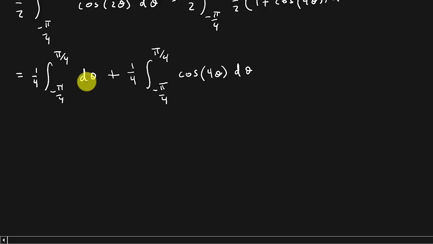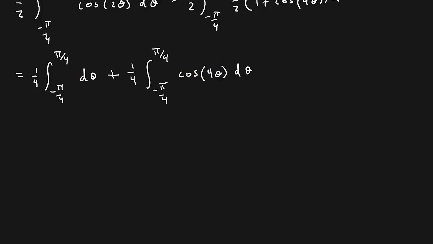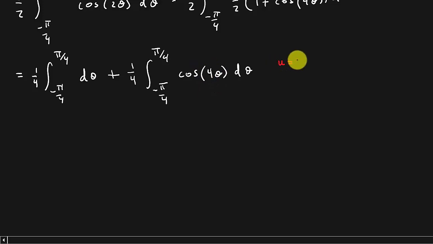Now, that one's easy to integrate. With this one, I need to use U substitution. So I'm going to let u equal 4 theta. So du is equal to 4 d theta. Notice I've got a d theta, but I'm missing the 4. So I can multiply by 4, which means I have to come out here and multiply by 1/4.